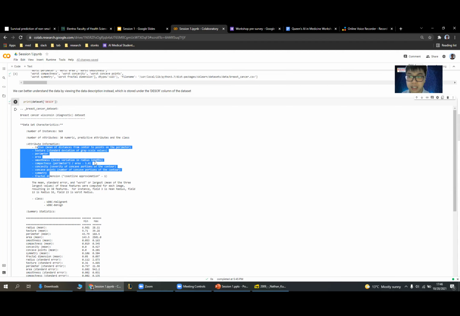Okay, now let's see if we can visualize it further. This exercise is called exploratory data analysis, where we're not using any statistical analysis or machine learning yet. We're just trying to look at the data to see what sort of problems we can define. So here, let's plot two different features. We're going to plot radius compared to texture. This will plot radius on the x-axis and mean texture on the y-axis. Then we'll label the malignant and benign lesions with different colors.